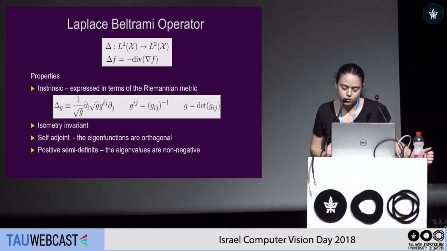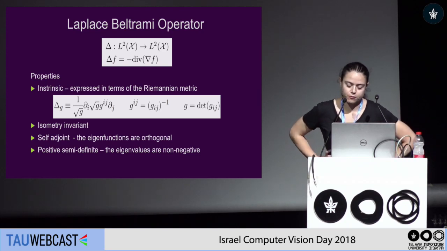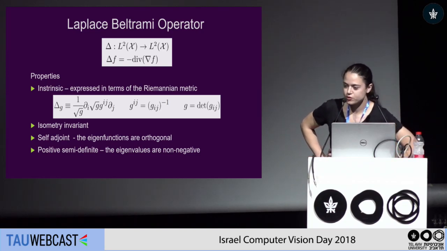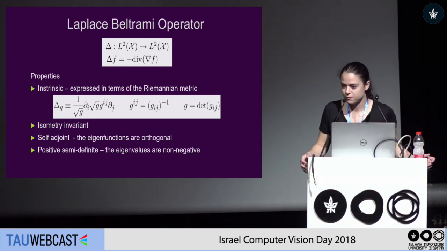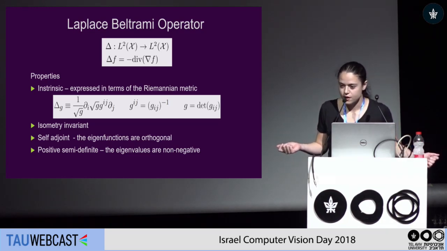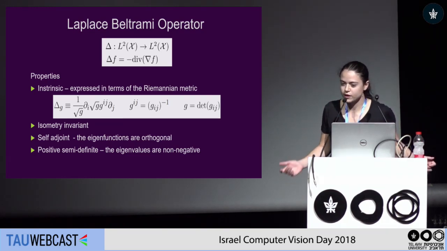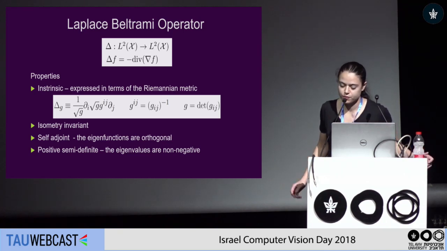One important property of the Laplace-Beltrami operator is that it is intrinsic, which means it can be expressed solely in terms of the metric. Another property is that this operator is isometry invariant, meaning it is not changed between different isometries, which are used to model different poses of the same shape. So this operator is preserved.